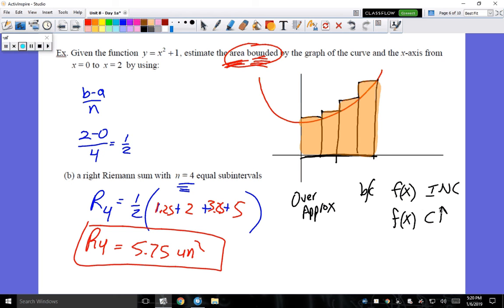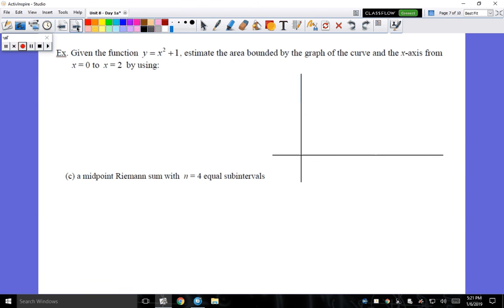And because it's a right Riemann sum, you can see because of those stipulations, you're going to have this extra error that's an over approximation. Okay? All right. Let's go ahead and go to midpoint Riemann sums.